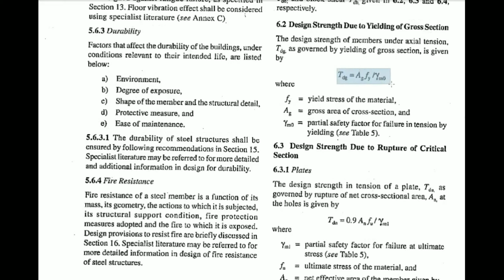We already know these things: Ag is the gross area, and Fy is the yield stress. Why yield stress? Because we know the member will become unserviceable at its yield stress.